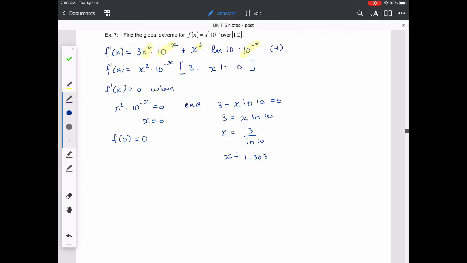If I do f of 3 over ln of 10, and I'm putting that into the calculator, 3 over the ln of 10, all to the exponent 3, times 10 to the exponent negative 3 over ln of 10, I'm going to get approximately 0.110.